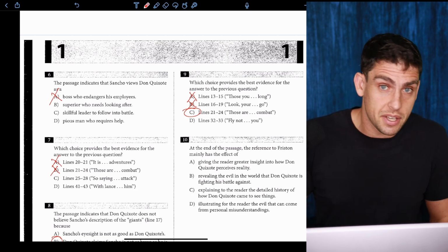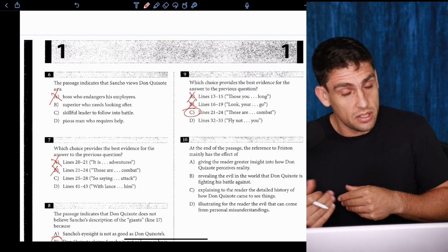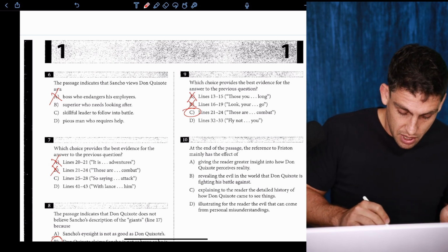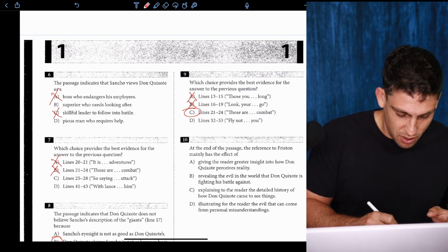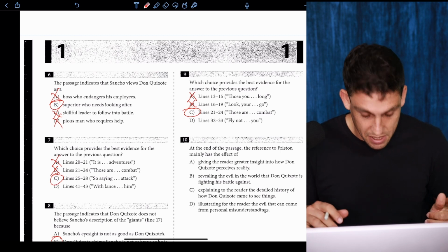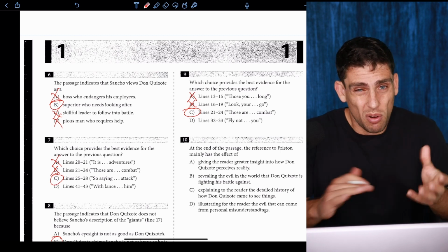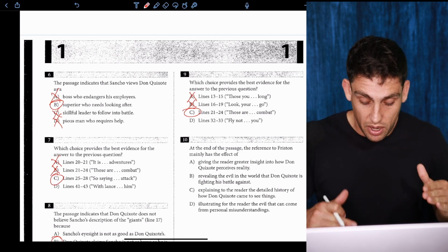Don Quixote is the master, Sancho is the servant, so it really works here. Skillful leader? No. Sancho's not following him. Pious man? No. The answer has to be B, and therefore the answer here has to be C. Okay? And that's it. I'm done. I don't have to keep going with this. I can just follow along with this. It's very, very simple and straightforward.